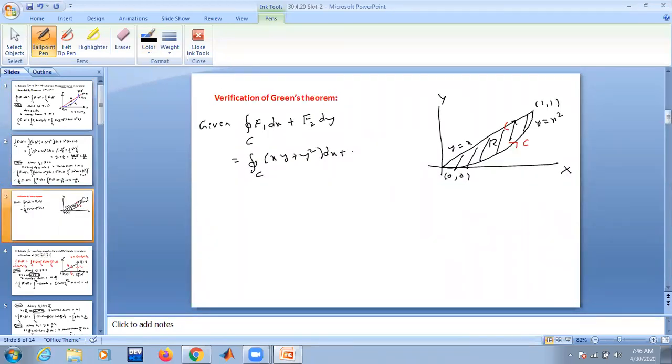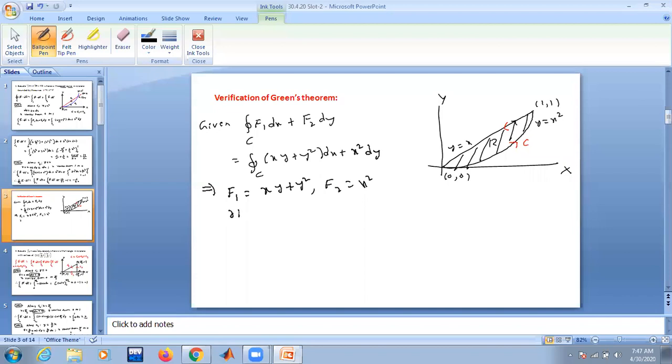Always remember that the dx coefficient is f1, the dy coefficient is f2. Sometimes it may be written f2 dy plus f1 dx, so always consider the dy coefficient as f2 and the dx coefficient as f1. Therefore f1 equals xy plus y square, and f2 equals x square.